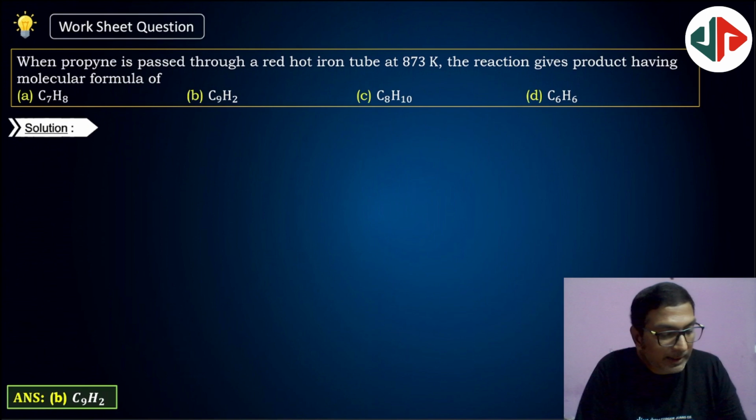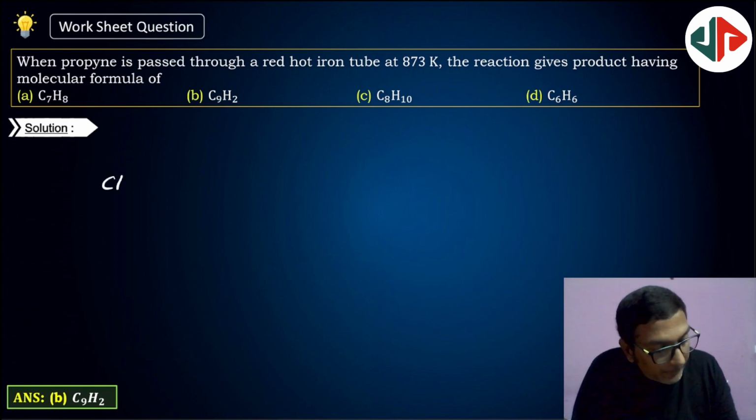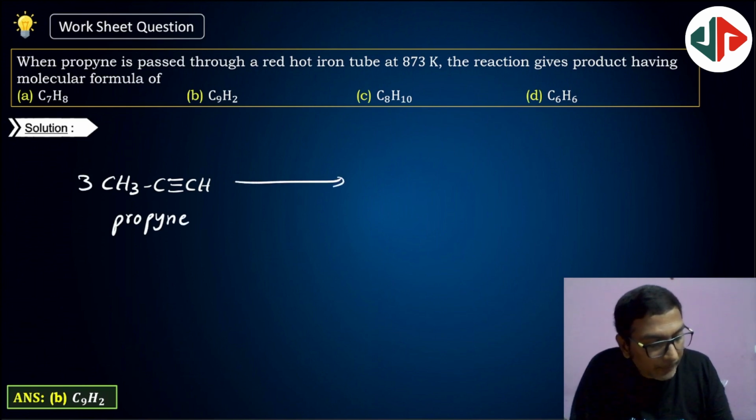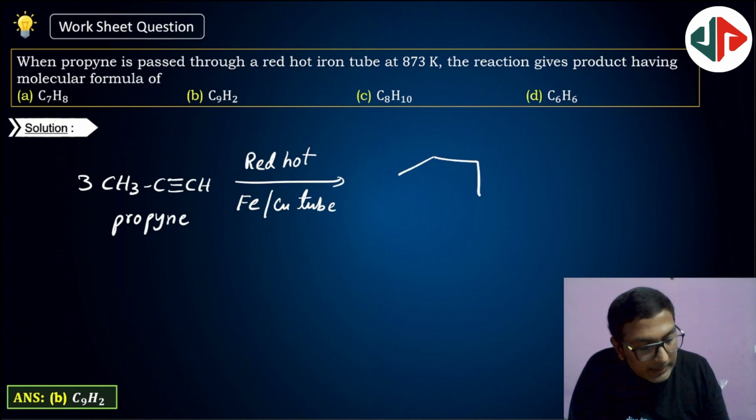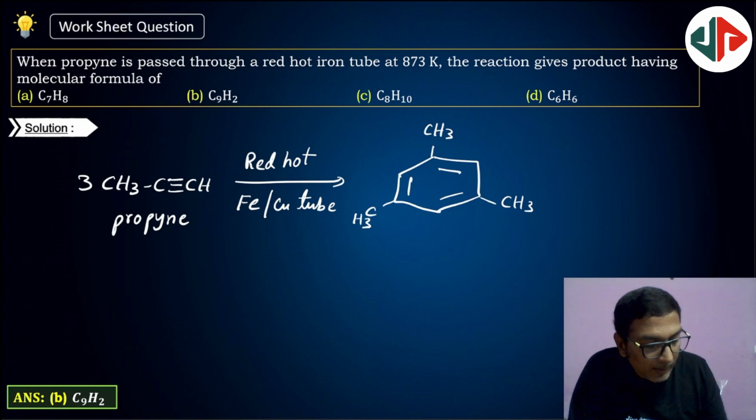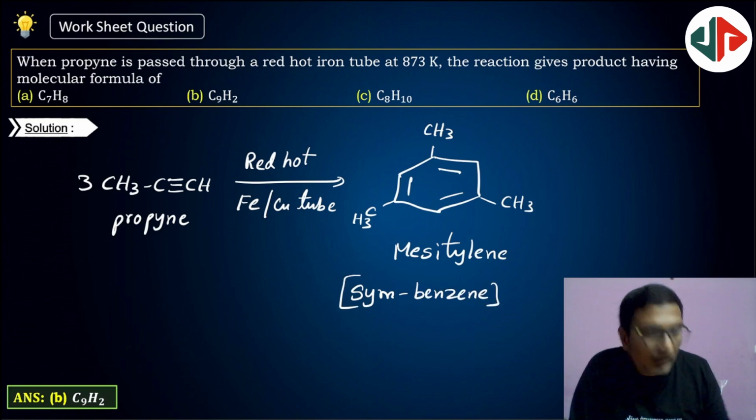When propane is passed through a red hot iron tube, propyne, CH3C≡CH, take 3 moles, red hot iron or copper tube, it undergoes cyclic polymerization to form mesitylene, or symmetrical benzene, or trimethyl benzene.